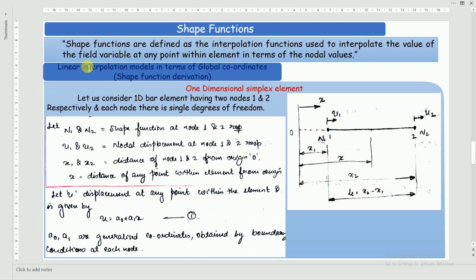Take down the heading: derivation of shape functions for 1D simplex element in terms of global coordinates.